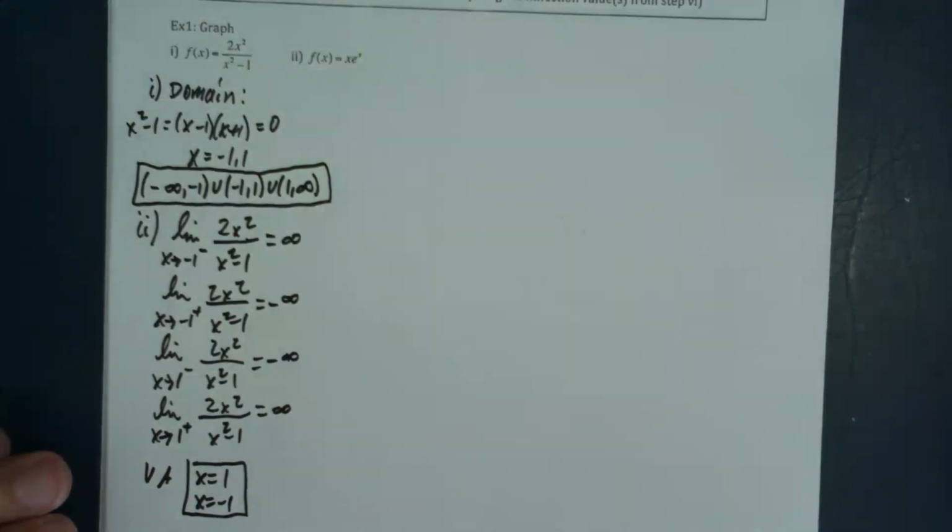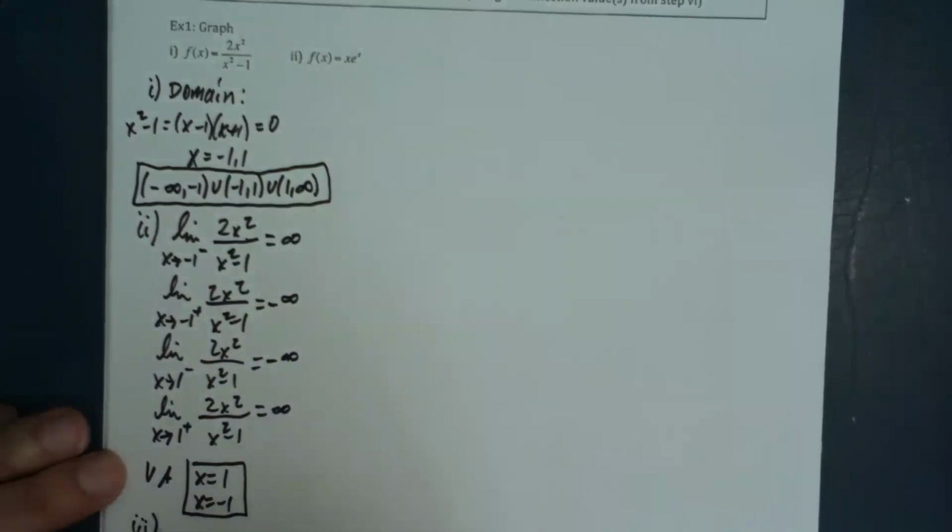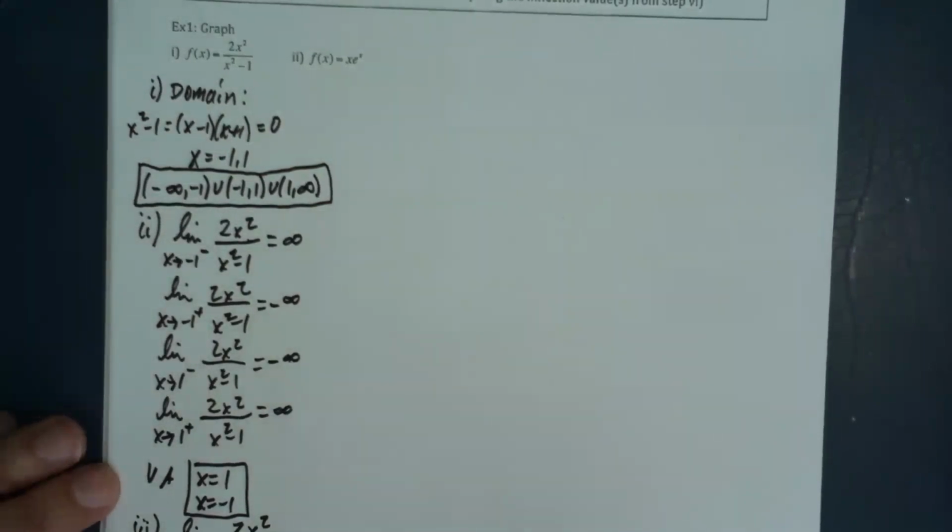All right. Let's do part 3, which is a horizontal asymptote, which means I'm going to take the limit as x goes to infinity of the function. We can actually apply L'Hopital's to this because this is infinity over infinity.